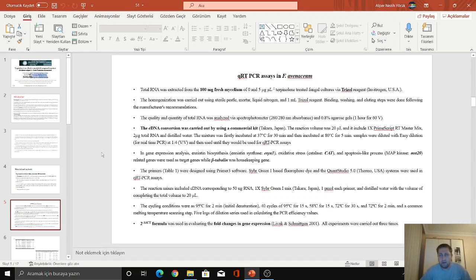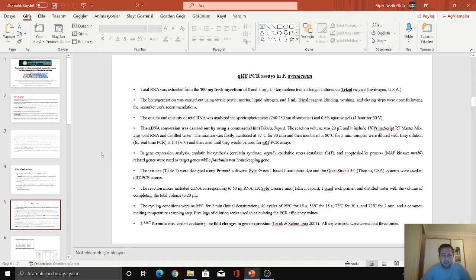QRT-PCR assays in Fusarium avenaceum. Firstly, total RNAs were extracted using Trizol reagent, and the common procedure was followed using a milliliter of Trizol reagent. The quality and quantity of total RNA molecules were checked by spectrophotometer and agarose gels. A commercial kit was used in order to obtain cDNA molecules, and here we see the common protocol for cDNA conversion by Takara, Japan.